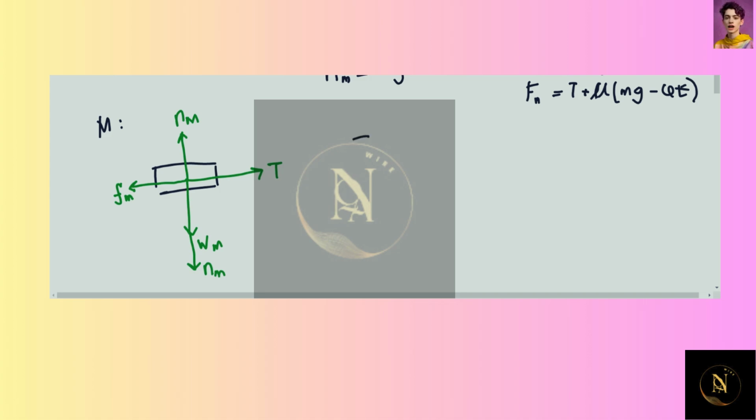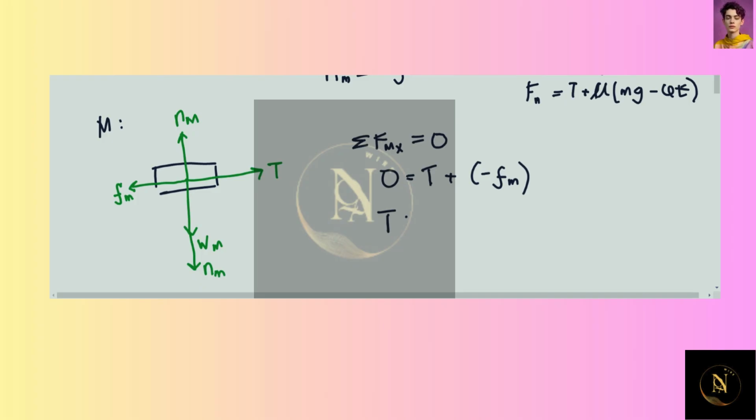Now, the summation of forces on the horizontal plane is also equal to 0 since the body is in equilibrium. And the forces on this plane are the tension of the string and the friction force of the small block, which is negative since it is opposite the direction of the tension.